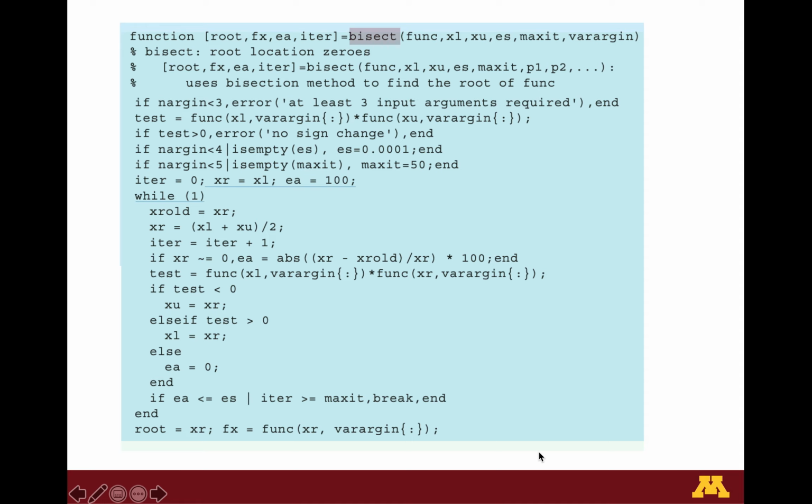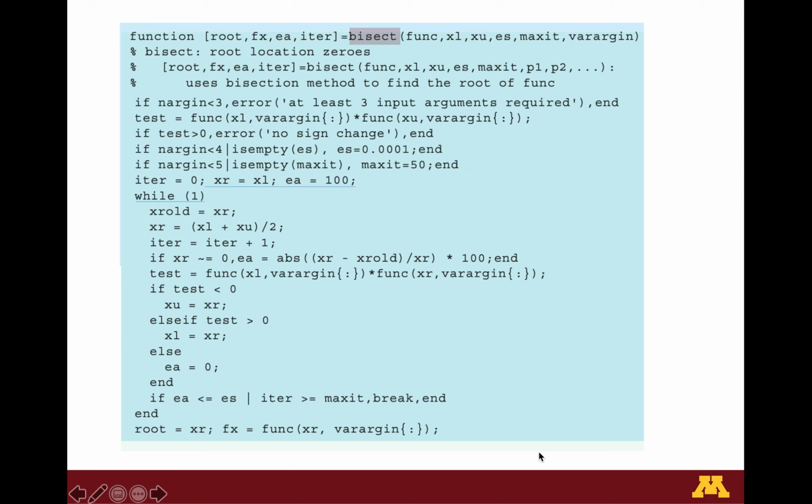The fifth input, maxIt, is the maximum allowable iterations. If it is not in the input when calling the bisect function, it uses a default value of 50. P1 and P2 are additional optional input arguments for the function, which we do not cover in this course.